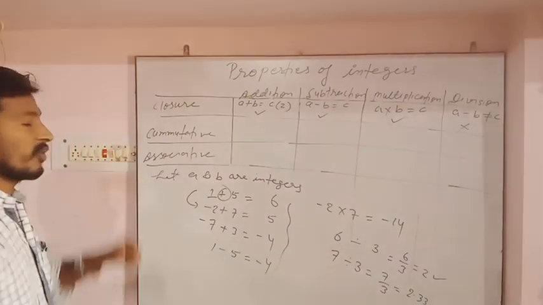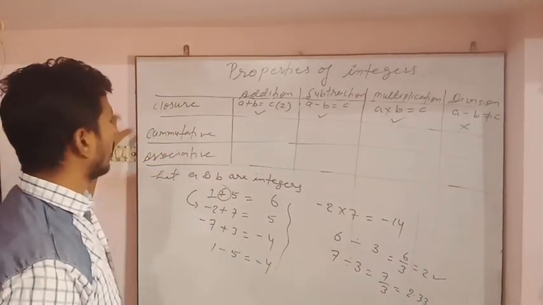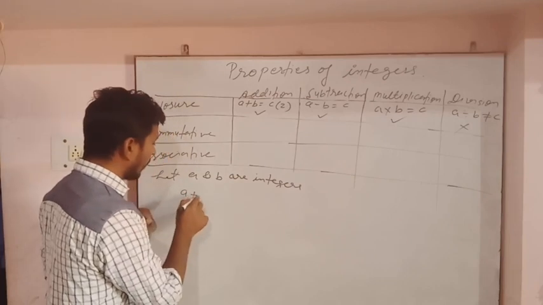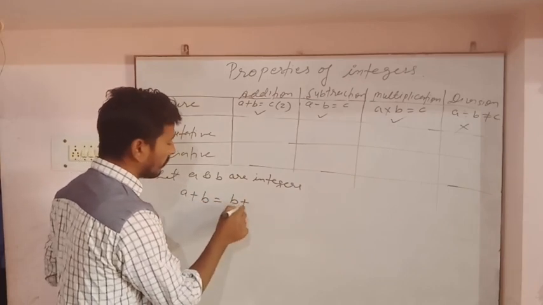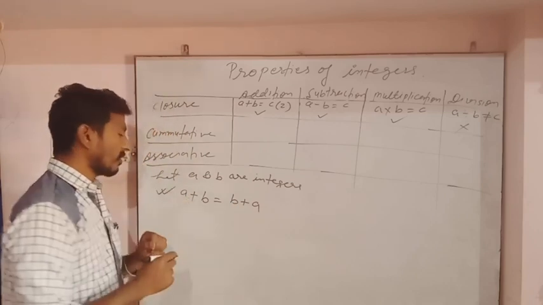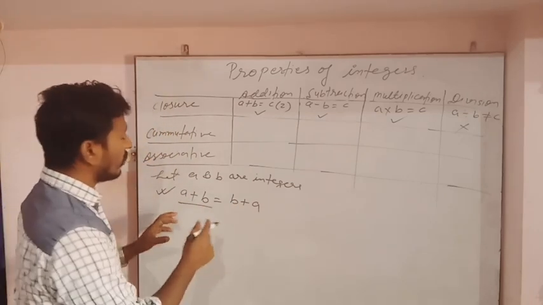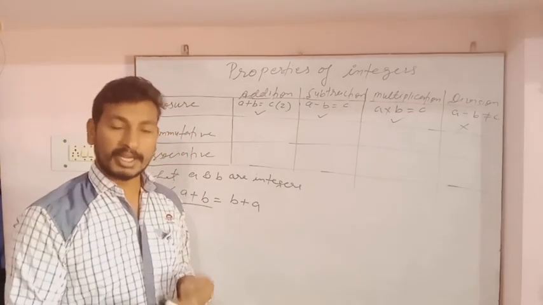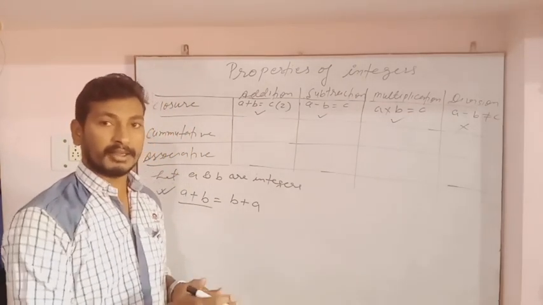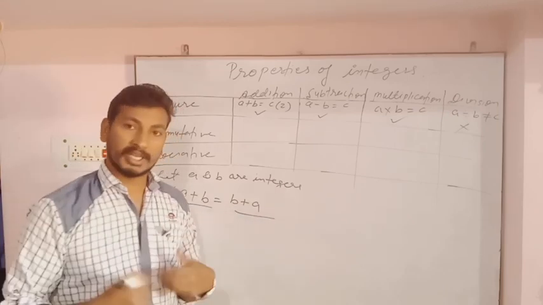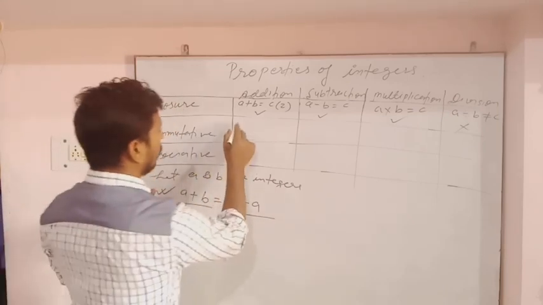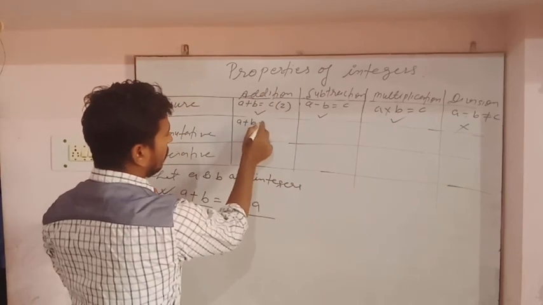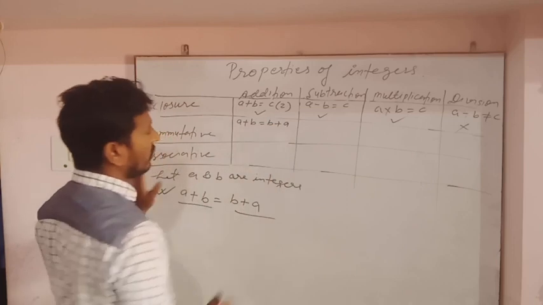Now move on to commutative property, which is also called commutativity. This property says that a plus b is equal to b plus a. Means it doesn't matter in which order you are adding two integers. If we change the order of integers while adding, the result is not going to change. So in case of addition, a plus b is equal to b plus a.